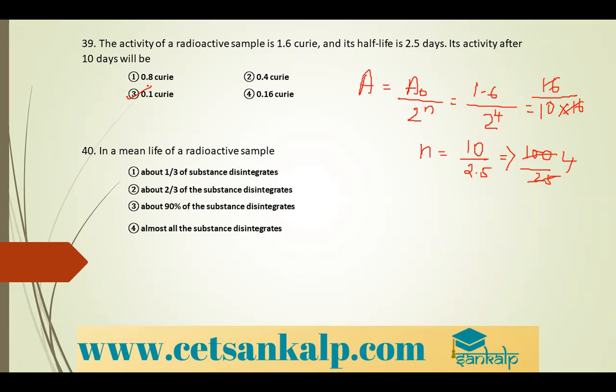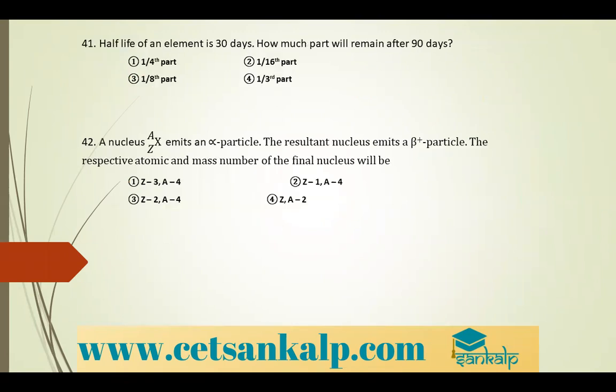In a mean life of radioactive sample, about 2 by 3 of the substance disintegrates. Half-life of an element is 30 days. How much part will remain after 90 days?